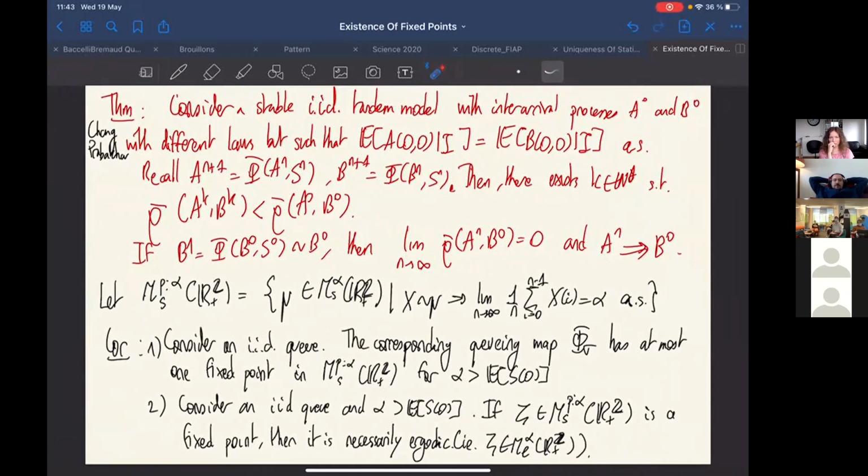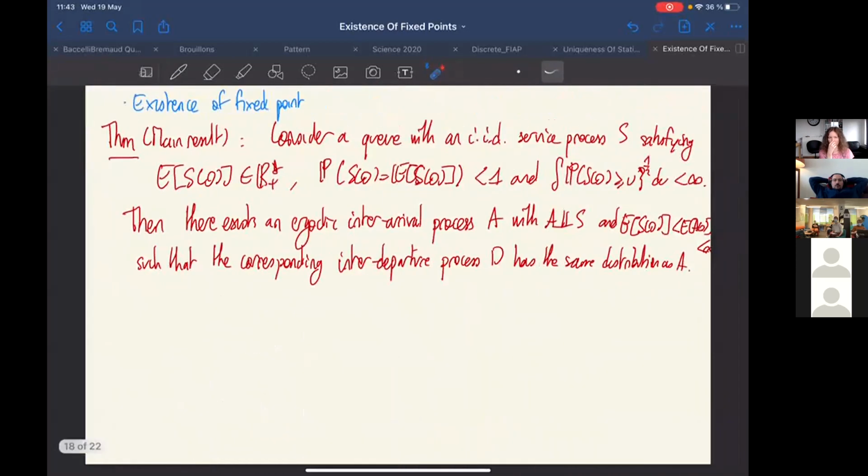This is the state of the art before this article. The main result that I'm going to present, and whose main idea of the proof I will give in the next slide, is the following.